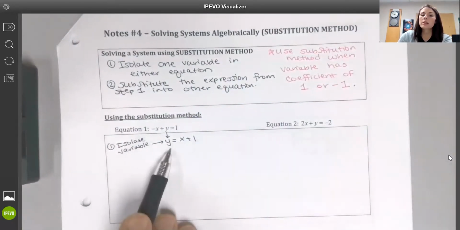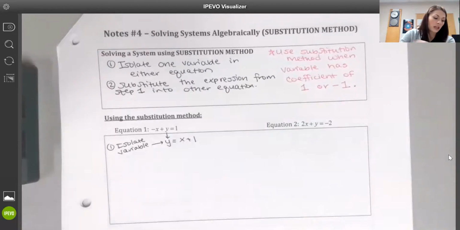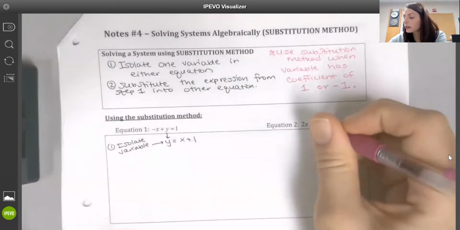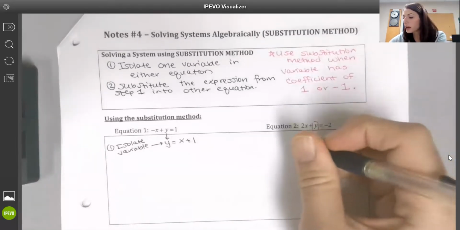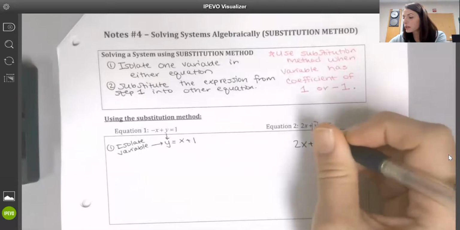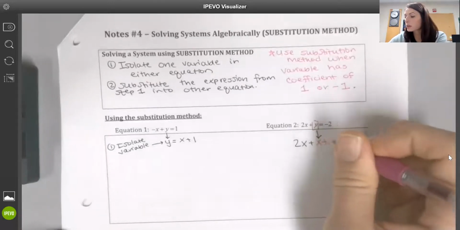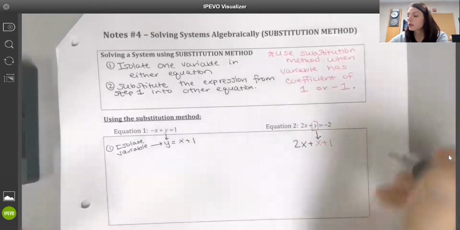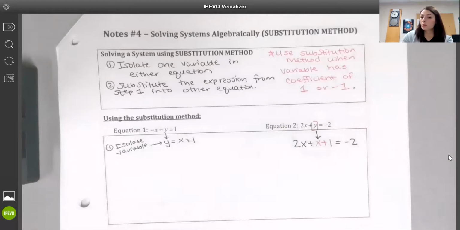So I've isolated a variable, and I now know that y equals x plus 1. Where I have y in my other equation, instead of writing 2x plus y, I can write 2x plus, and in place of y, I'll write x plus 1, equals -2. It's the same as if I knew y equaled 3, and I could plug 3 in for y.